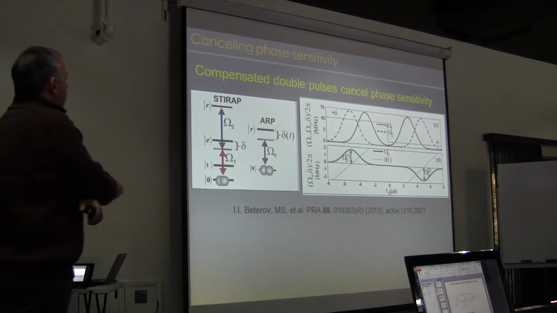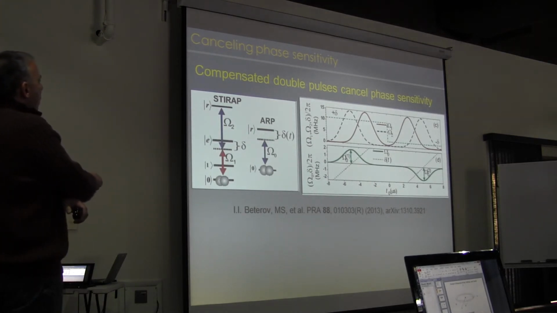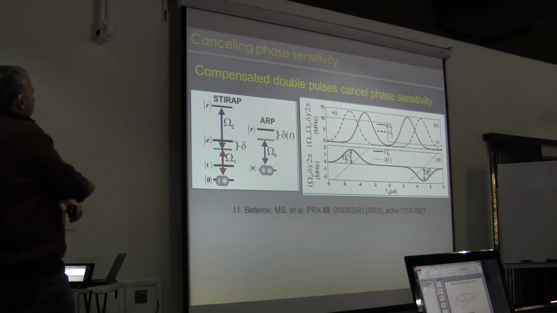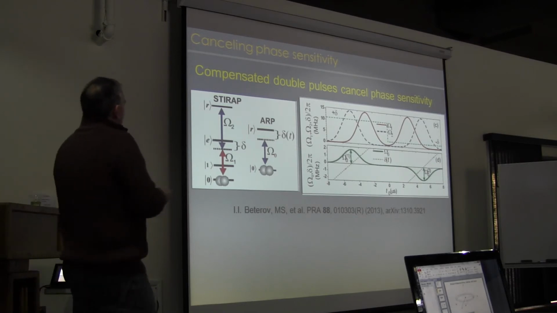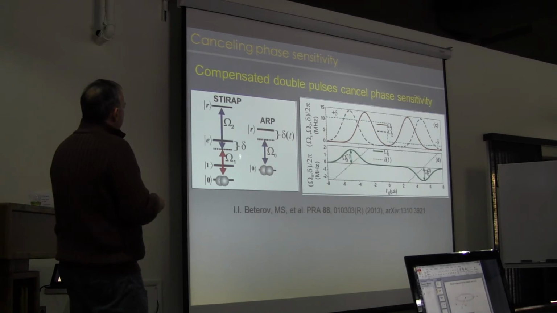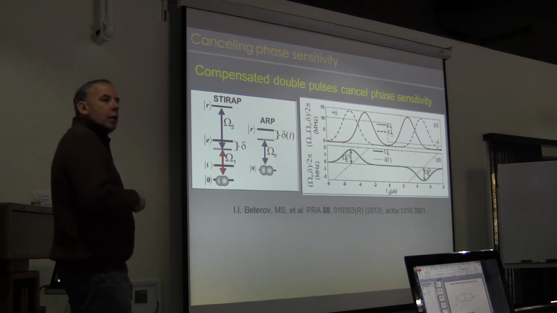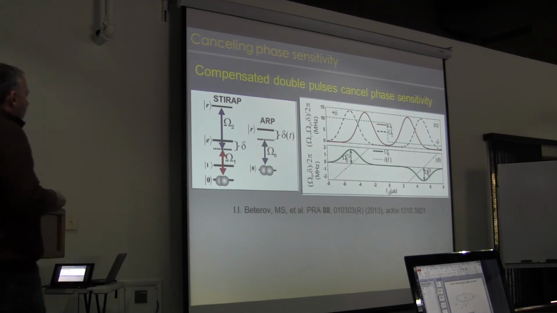It turns out you can compensate this phase using some more complicated pulses. If I look at a double pulse sequence that takes me from the ground state up to a Rydberg state and back, and I change the sign of the detuning between the first and the second pulse pair, changing the sign of that detuning will cancel this phase sensitivity.